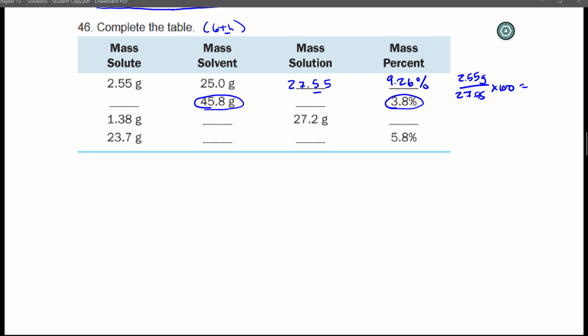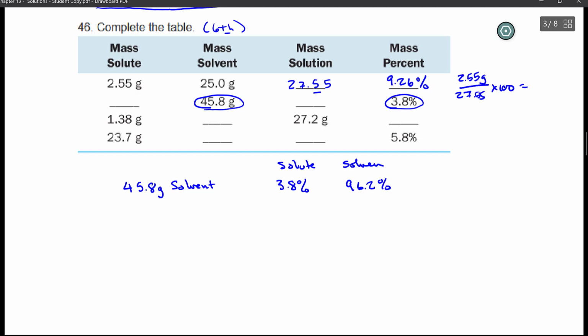So I know that I have 45.8 grams of solvent. And I'm going to write out a couple of other relationships. I know it's 3.8% solute. But that also means the solvent is 96.2% of the solution. So in other words, this plus this has to add up to 100%.